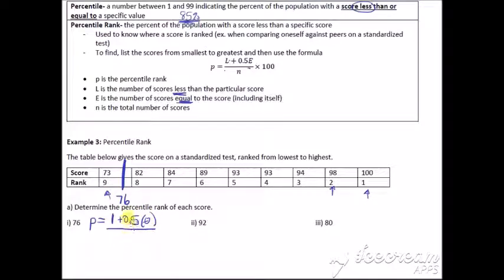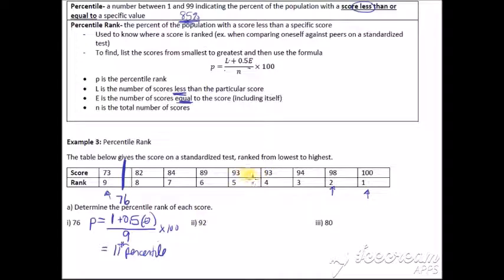And then we're going to divide by the number of scores, which is 9, and then multiply by 100. So if we do this, we get 11%. I want to call this percentile instead. So whoever scores a 76 is going to land in the 11th percentile. So only 11% of people are going to be scored lower than that person.